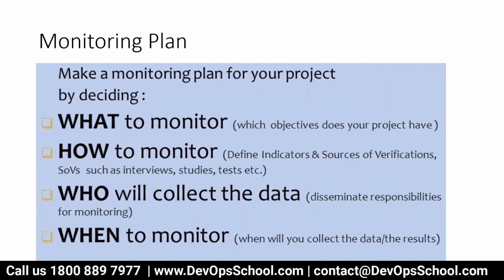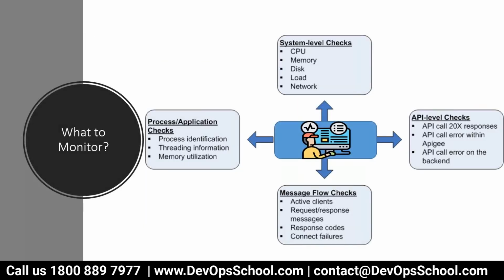Who will collect the data means some sort of agent or someone with responsibility for monitoring. When to monitor means when you collect the data and the results. These are the primary things you ask during the monitoring plan.